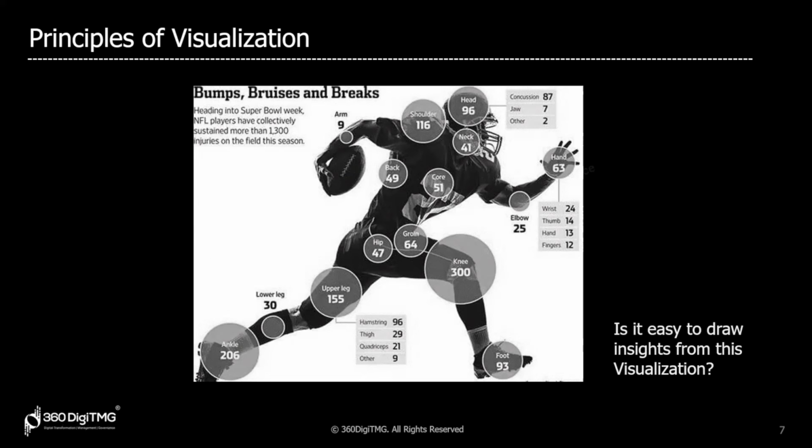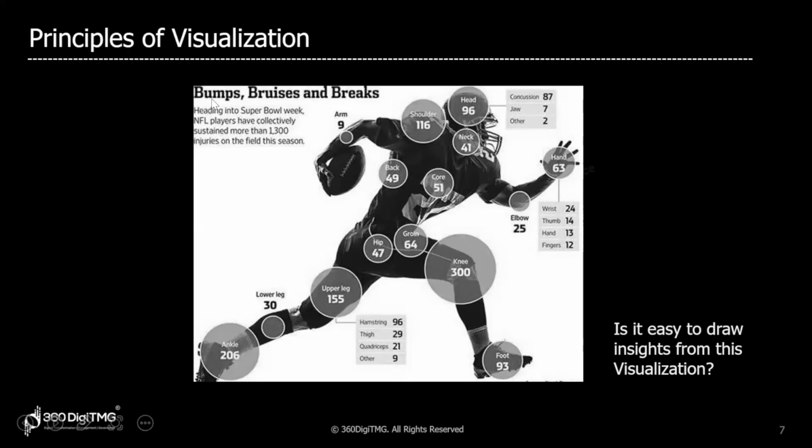It's a very good visualization because without much thought, at a glance, I understand that it is talking about injuries. Bumps, bruises, and breaks. And not injuries that have occurred to any normal person. It is talking about injuries that players have suffered during a game season. Look at the attire of that person. Look at the posture of that person. So it is talking about the injuries during a game season.